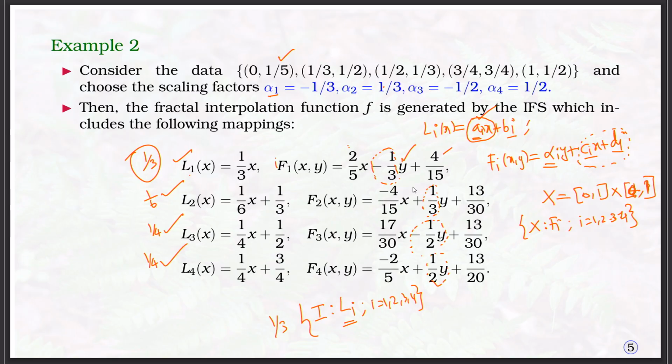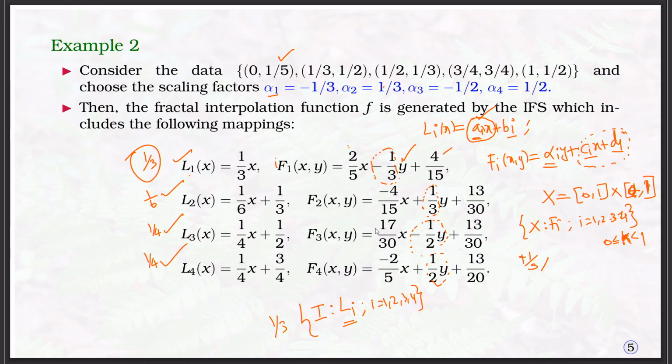Then for this iterated function system, for F1 the contraction factor is the modulus of minus 1 by 3, so plus 1 by 3, not minus 1 by 3. The contraction factor k must lie between 0 and 1.